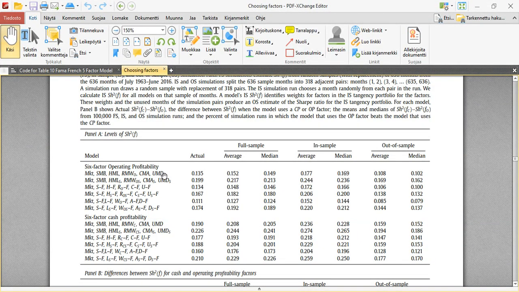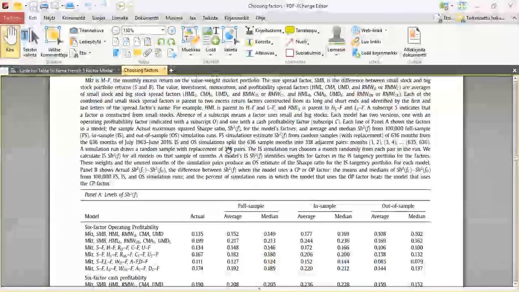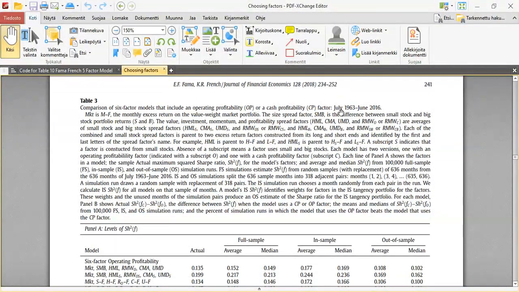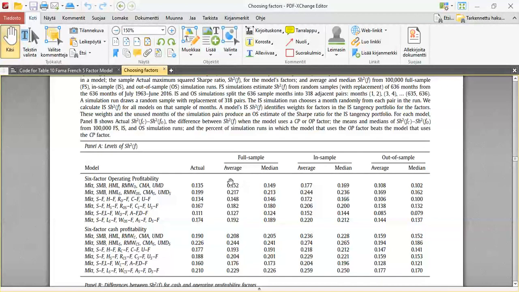Using the actual data set, which runs with monthly data from July 1963 until June 2016, these 6 risk factors generate a maximum squared Sharpe ratio of 0.135. The 6-factor model using cash profitability instead of operating profitability, in this row, has a higher maximum squared Sharpe ratio of 0.19. 0.19 is larger than 0.135.